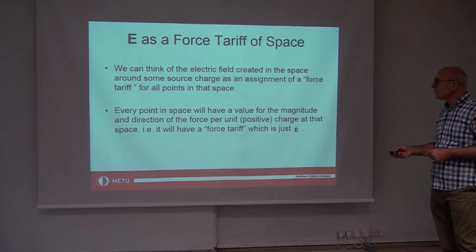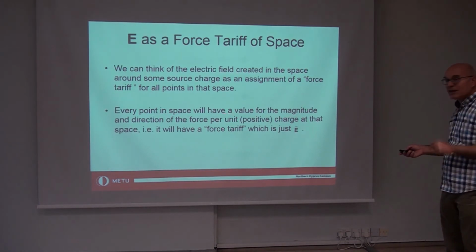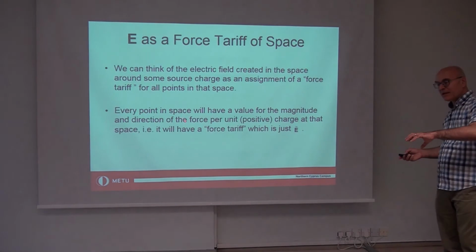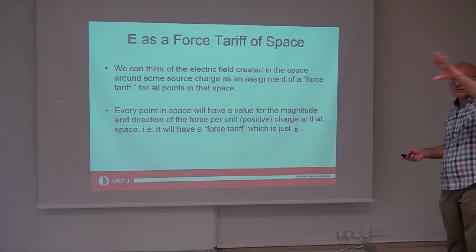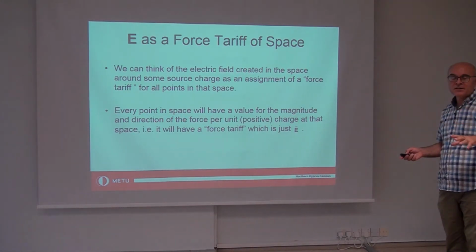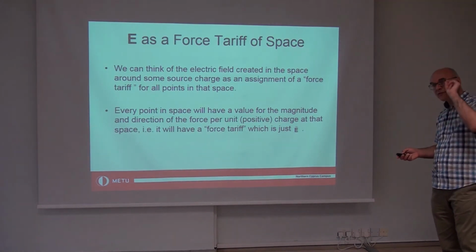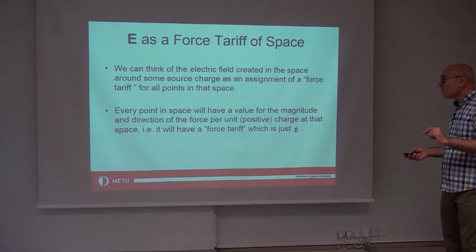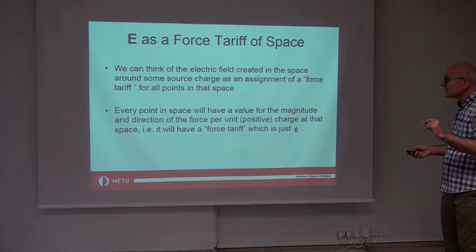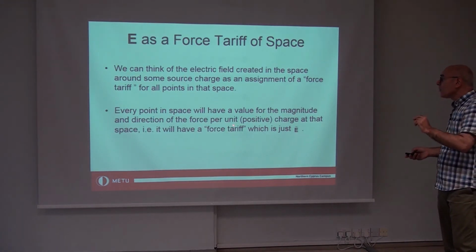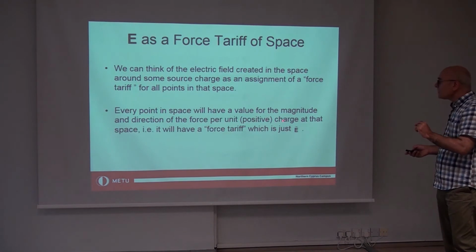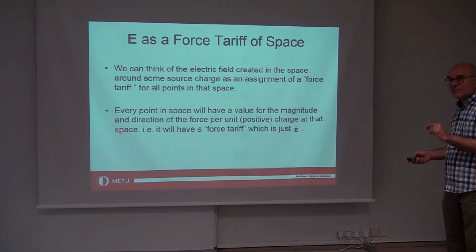Now, this means that every point in space will have now a value. So in the space surrounding the source charge, every point in that space now will have a value for the magnitude and direction of the force per unit positive charge at that point.